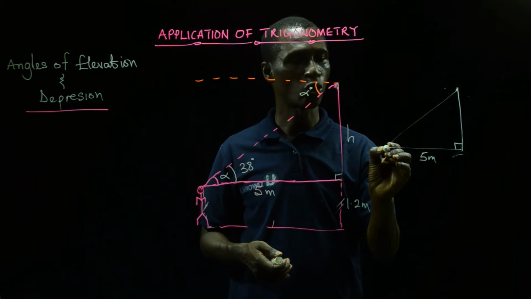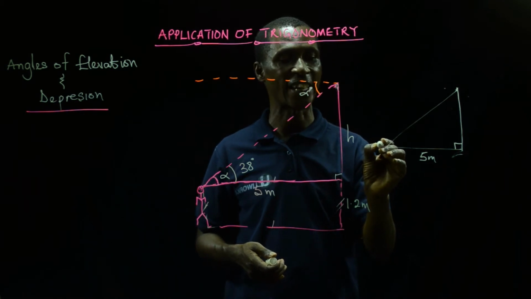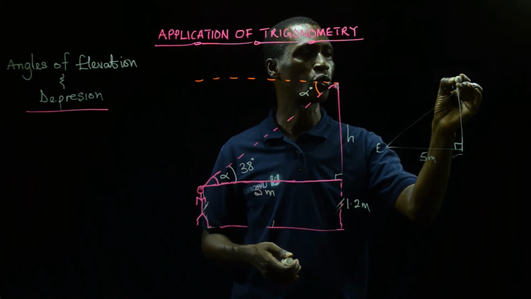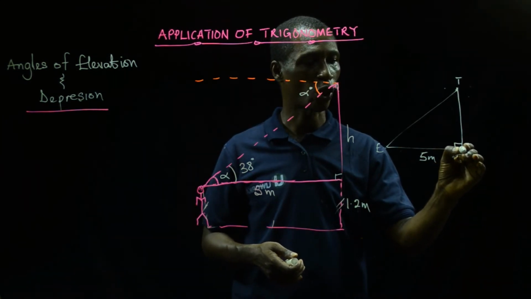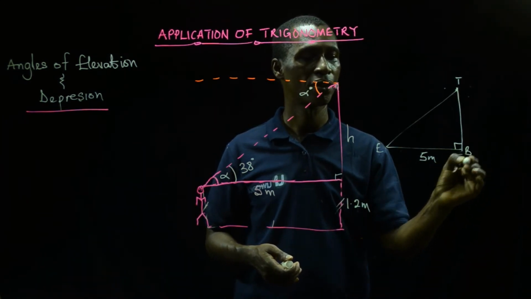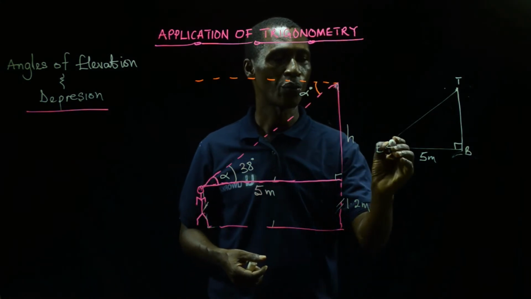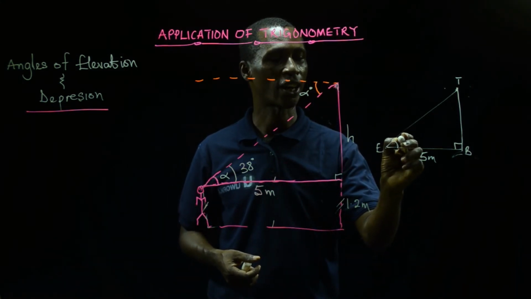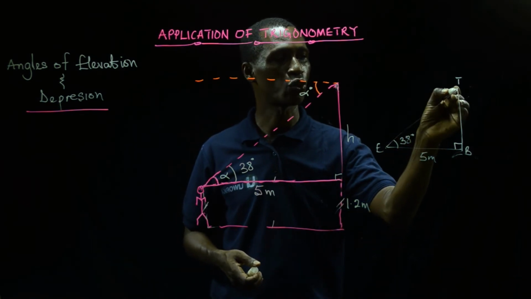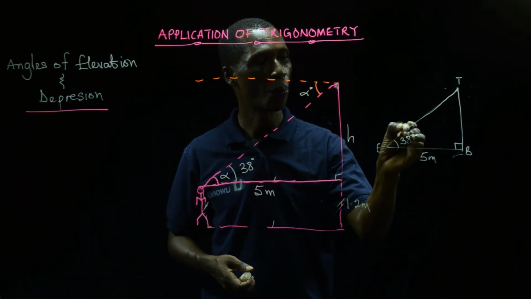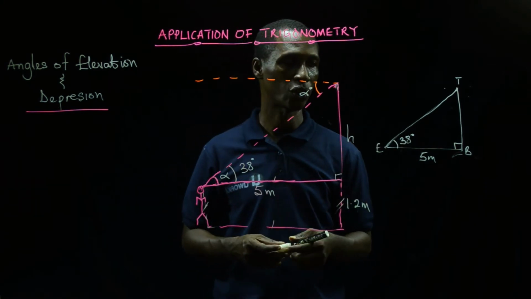And this is the point of Kofi's eye, so let me say IE. And the top of the tree, T. And then, a certain part of the base, let me say B. Good. And he has to raise his head through an angle of 38 degrees in order for him to be able to see the top of the tree. So we have this figure.